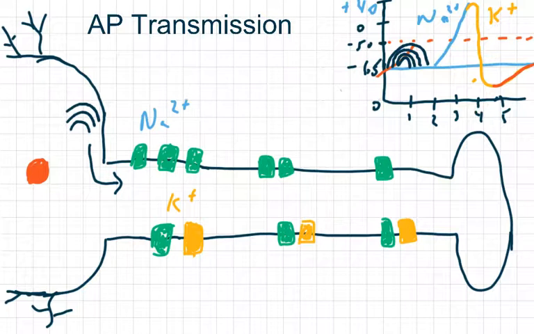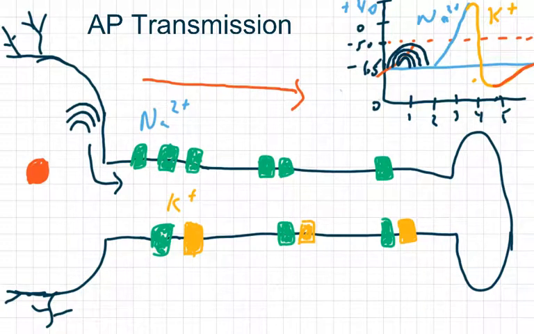And so this movement of sodium and potassium ions that creates this waveform for the action potential starts here at the trigger zone. And then as the influx of sodium and efflux of potassium occurs, the same process occurs throughout the entire axon, and it moves in waves.